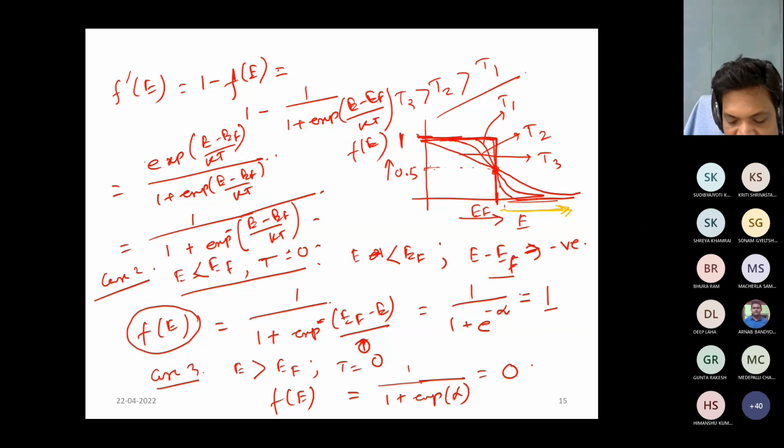Similarly, if we move towards the left side, towards lower energy levels with respect to the Fermi energy level, the number of vacant states is mostly resident at the top of the valence band.